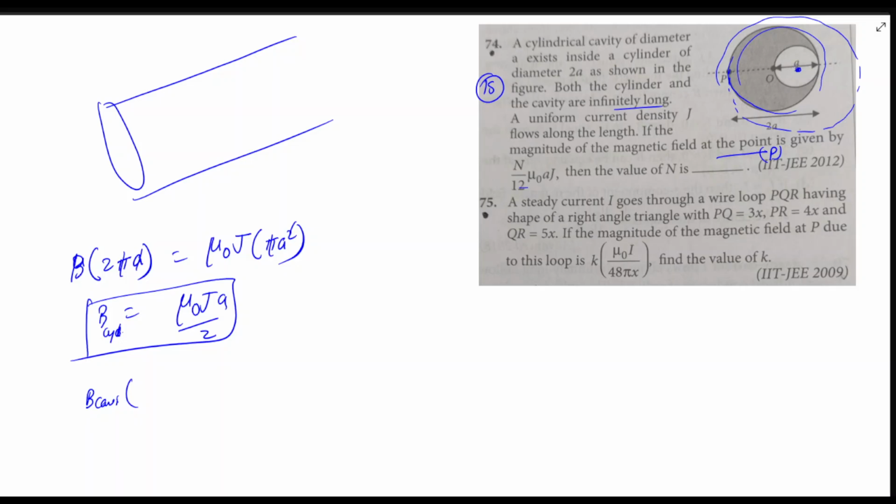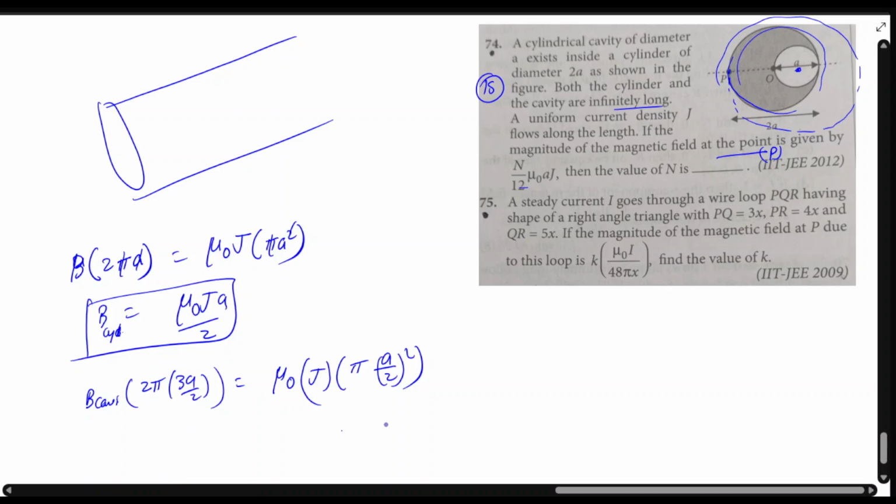So this will be a by 2 and this is a, so it will be 3a by 2. So it will be 2 pi 3a by 2, the circumference of the Amperian loop, and the current it enclosed. So it is enclosed what? J into the area, which will be pi a by 2 whole square.